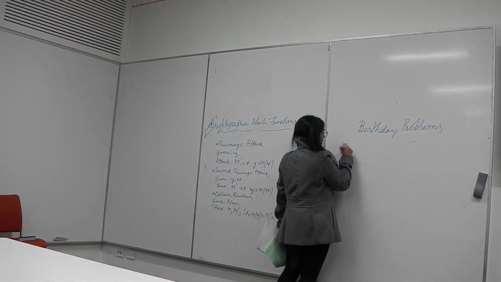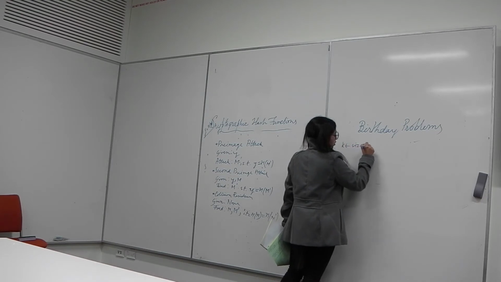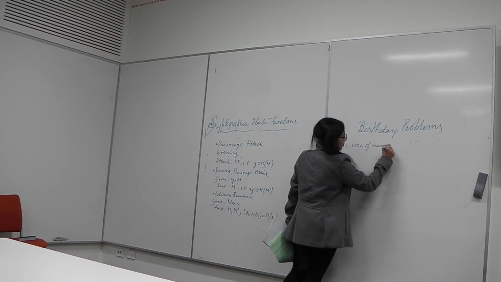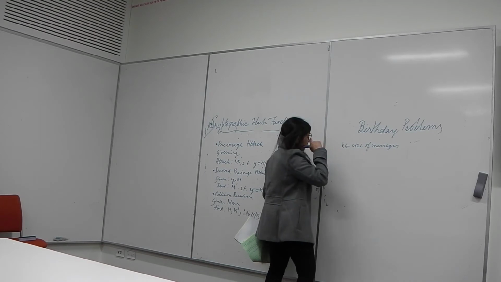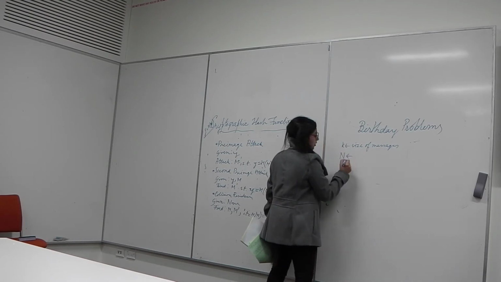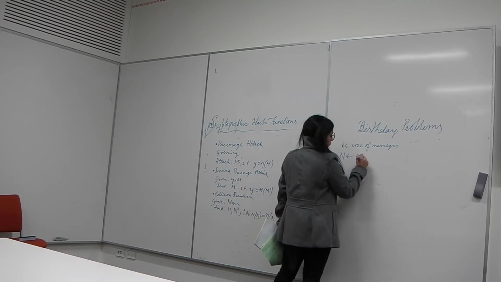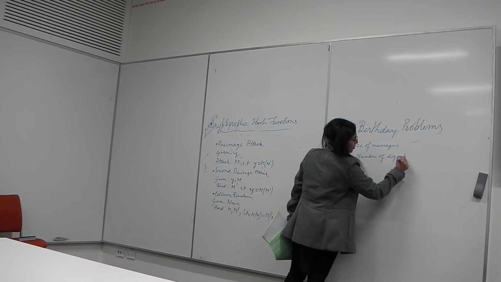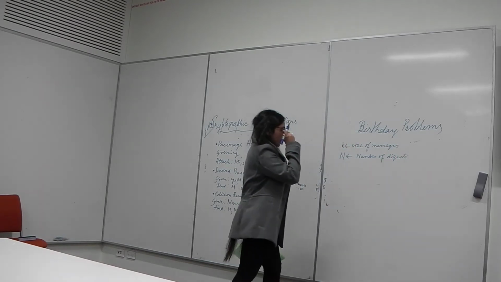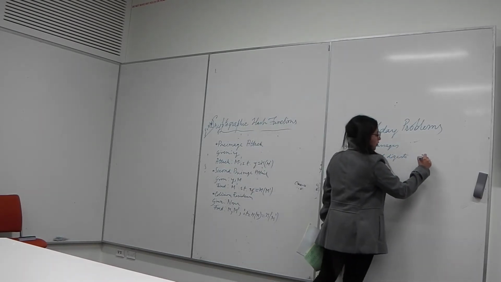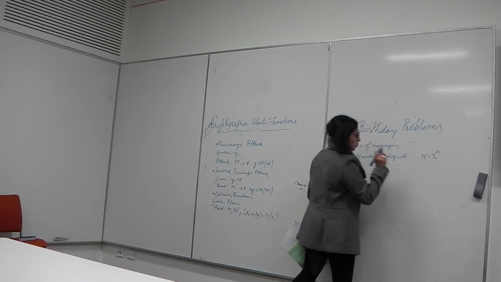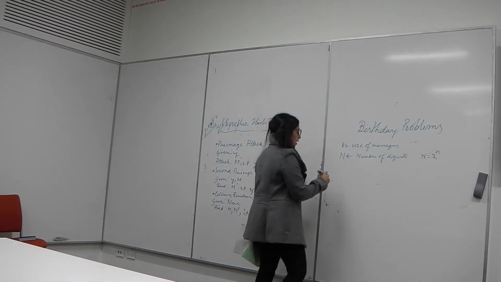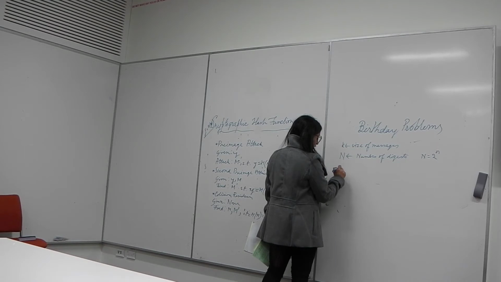So k is the size of sample messages, and n, as I said, is the number of digests, which is 2 power n. Let's say probability Pi.